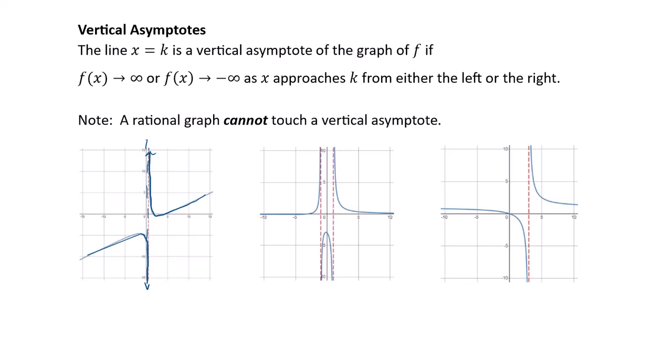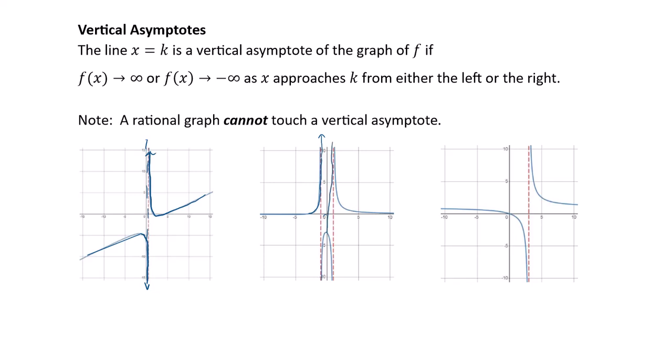The same thing on the second graph. As we're approaching a certain constant value of x from the left-hand side, y is going up to positive infinity. And if we're approaching that value from the right-hand side, then our graph is approaching negative infinity.